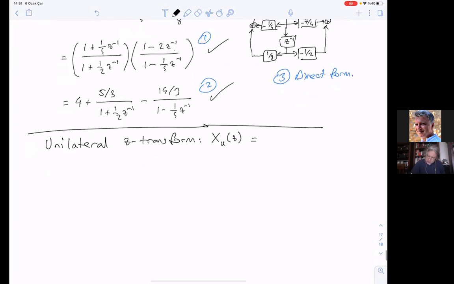The definition, as the name suggests, is the sum from 0 to infinity only of x of n times z to the minus n. Originally, it was from minus infinity to infinity.